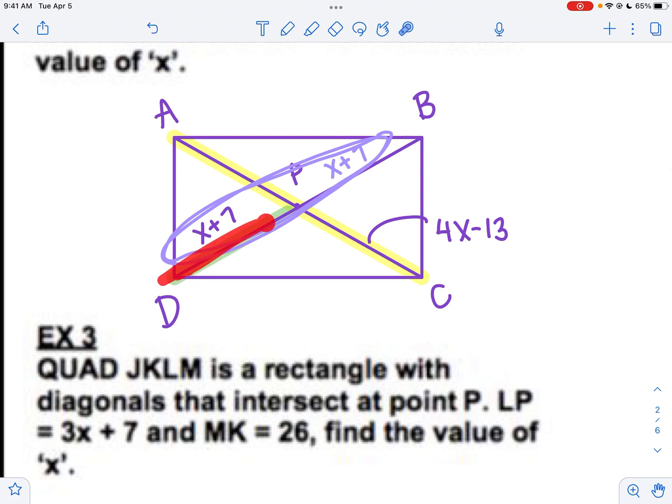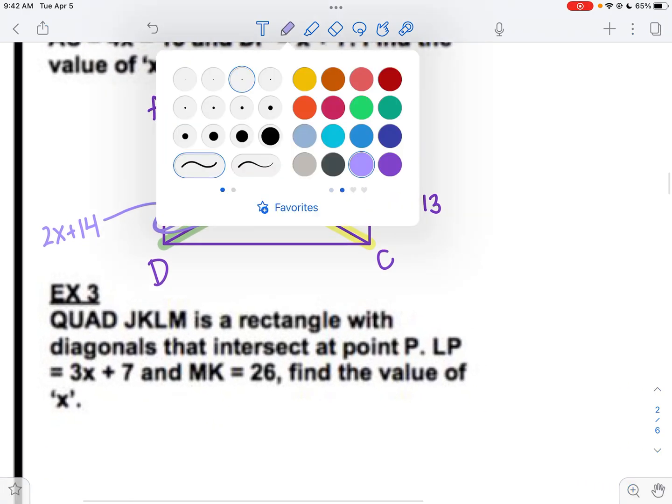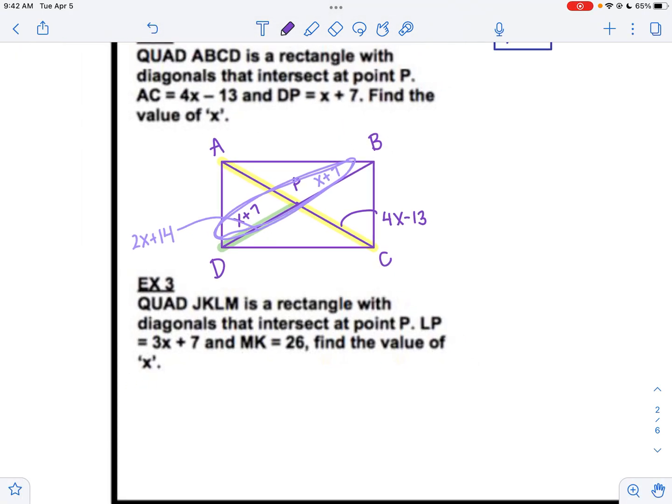If this piece is x plus 7 and this piece is x plus 7, think, what would that make this full diagonal right here? If I combine like terms, that would be 2x plus 14. And then those parts would equal each other. So 4x minus 13, one diagonal, would equal the other diagonal, which is 2x plus 14.